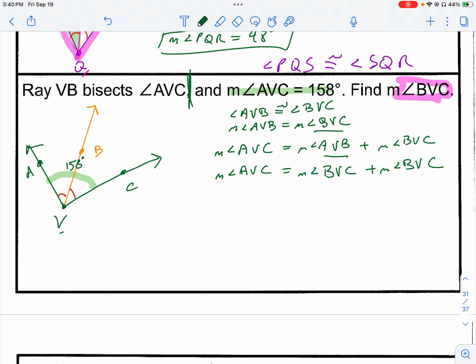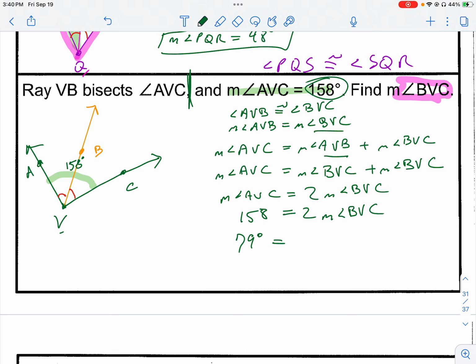And that's very similar because they're both numbers, as if I had x plus x would be 2x. So I get AVC equals 2 times the measure of angle BVC. Well, I know AVC is 158, so let's substitute that in. Then I can divide both sides by 2, and 79 degrees equals the measure of angle BVC. And we are done.